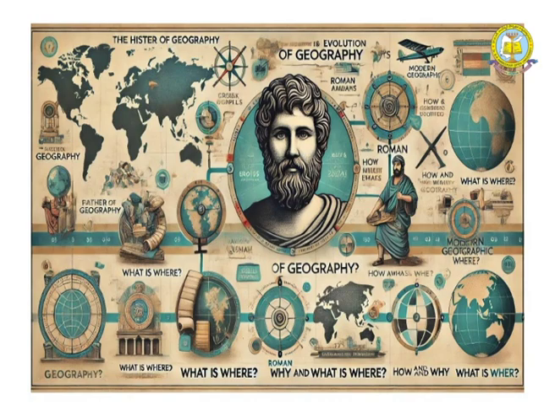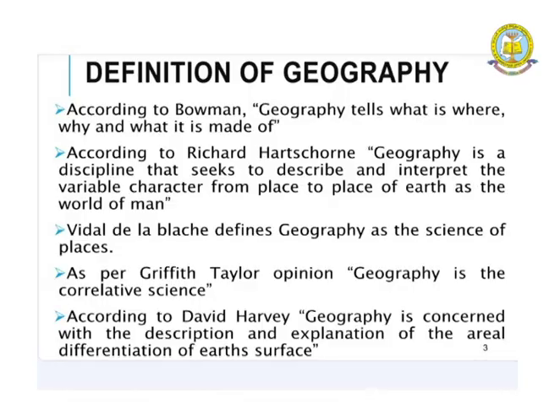Now, coming to the definition of geography: till now I have explained what geography is, how it came into the picture, and how its development has taken place from the ancient period to the modern period, isn't it? The definition of geography has been given by different scholars in different ways.